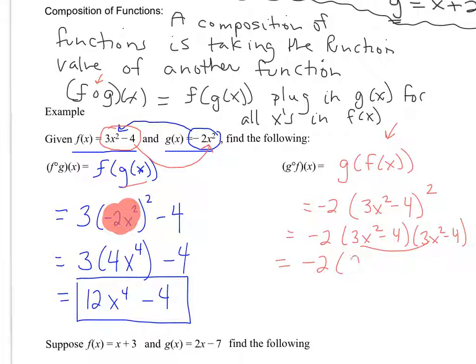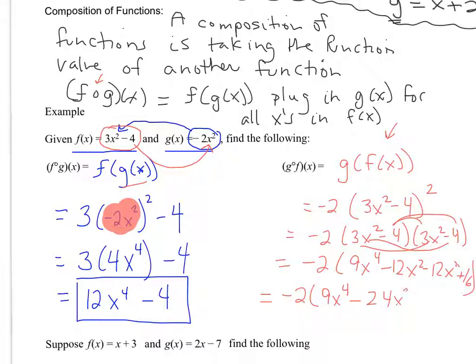So that's going to be 9x to the 4th, then minus 12x squared, minus 12x squared plus 16. I can put those two negative 12x squareds together, so it'll give me negative 2 times 9x to the 4th minus 24x squared plus 16.